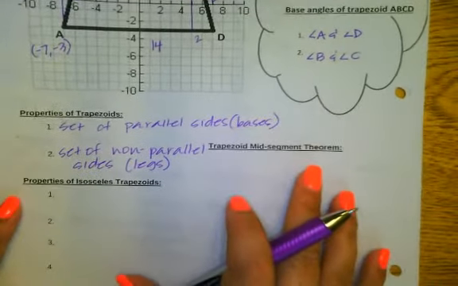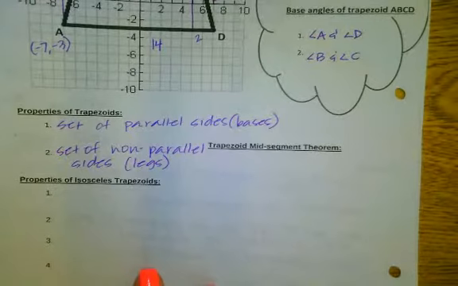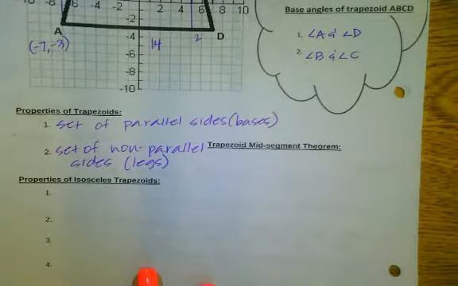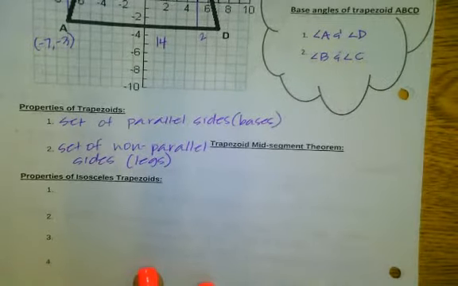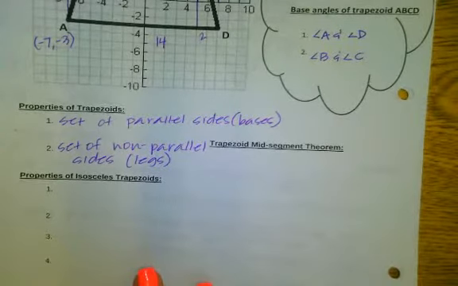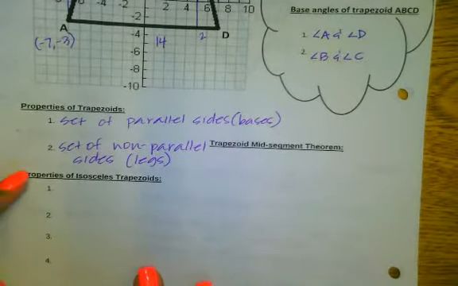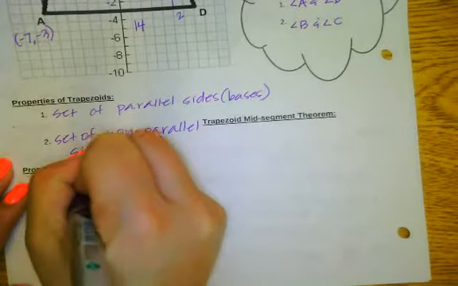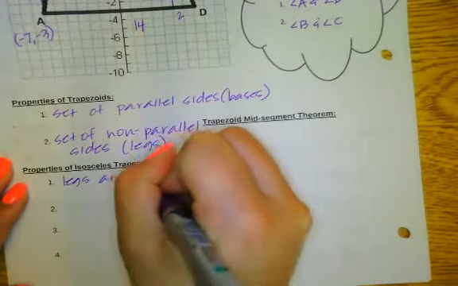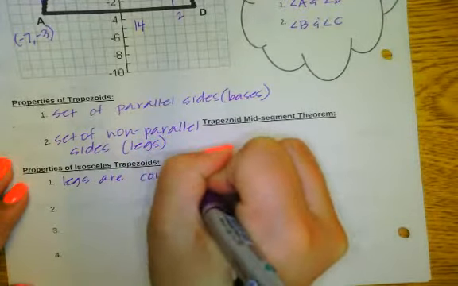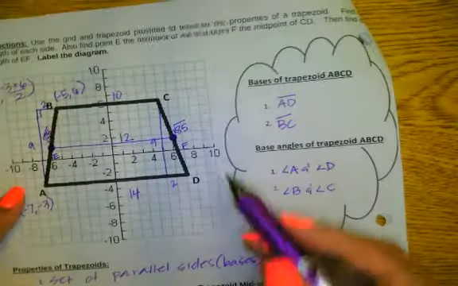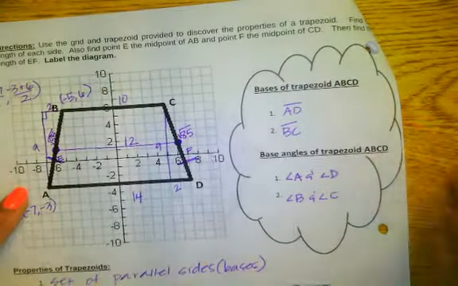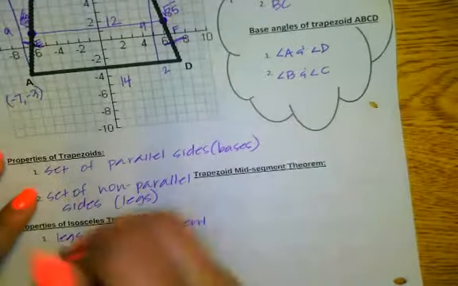Okay, when it is told that you have an isosceles trapezoid, or you're able to prove it by there being two congruent legs, there's a little bit more properties. The first one, legs are congruent. So if we go to our picture, we proved that CD is congruent to AB. 2, base angles are congruent.